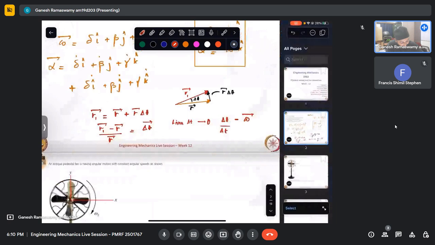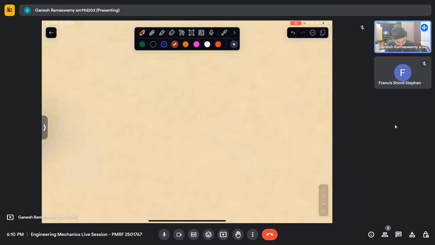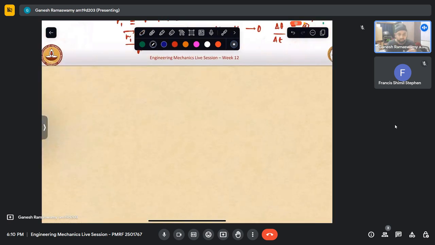What does this imply? It is already discussed in rotating frame of reference, but nonetheless I'm repeating it. Let us say that there is a vector r.